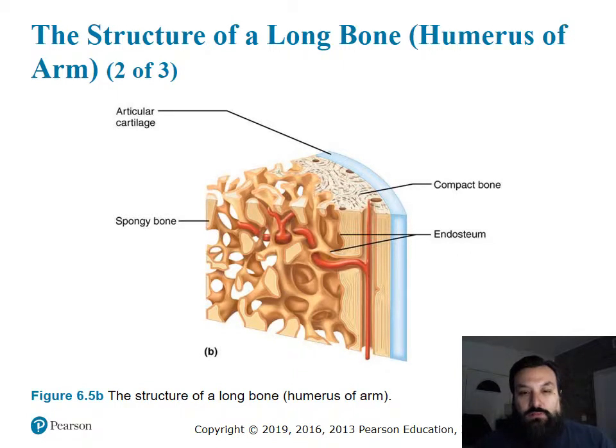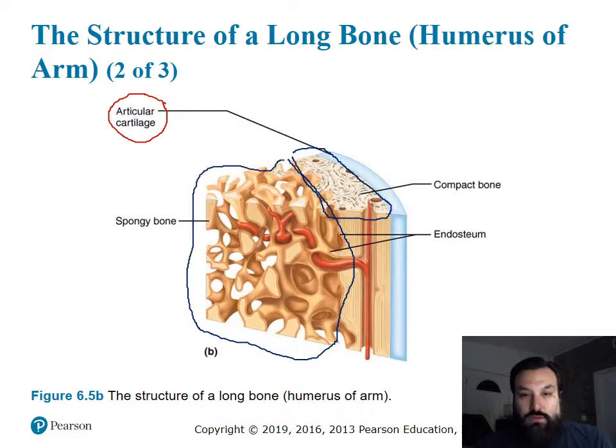Okay, just a close-up view of the section of bone there. You can see that there is the articular cartilage. So we are right on the outside edge of the epiphysis. Underneath the articular cartilage we have compact bone there, and deeper we have spongy bone.